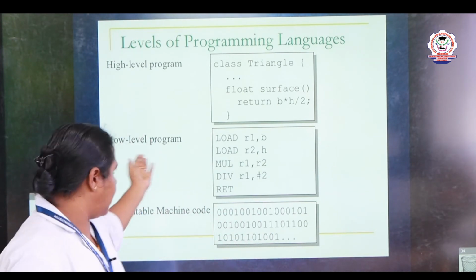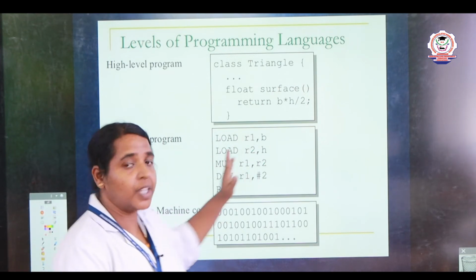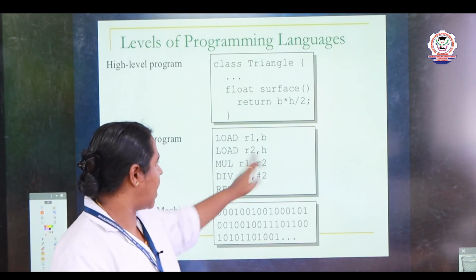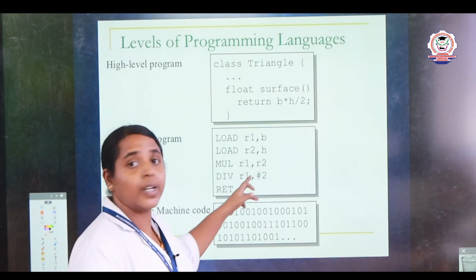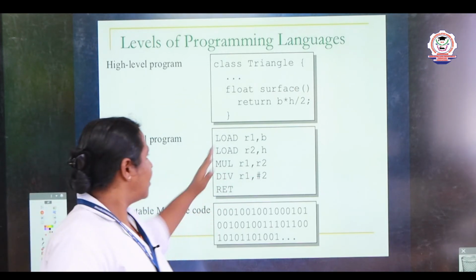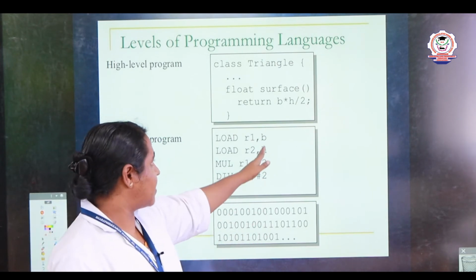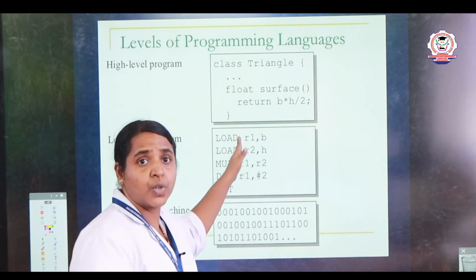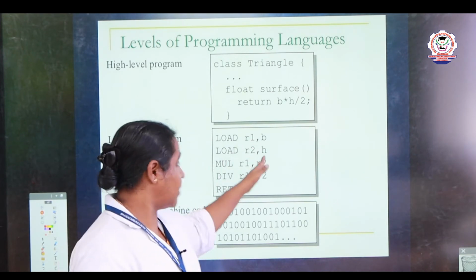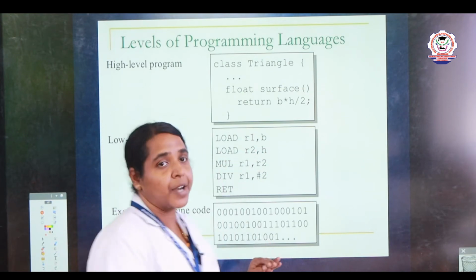So, the assembly level program is: load R1 comma B and R2 comma H, multiply R1 R2 and divide R1 by 2, then return. What is that? Load R1 comma B: the value B is stored in the space R1. Next, H, height, is stored in R2.